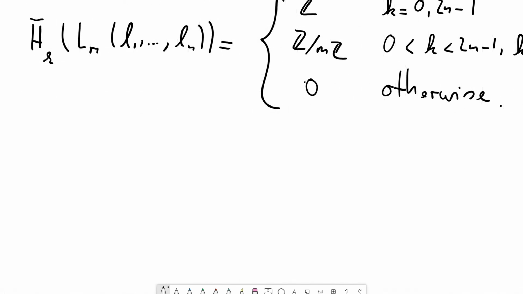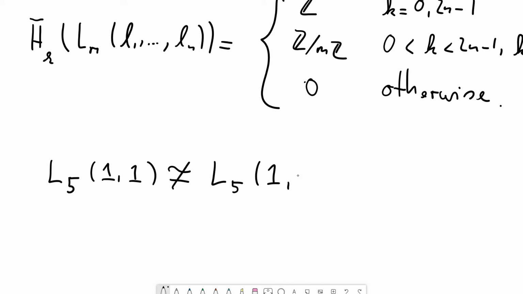Namely, the example is that the space L(5,1,1) is not homotopy equivalent to the space L(5,1,2). Yeah, so the m is the 5, therefore they have the same homology, but they're not homotopy equivalent if one chooses the numbers L1 and L2 in this fashion.